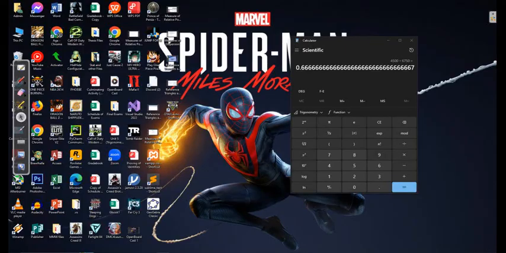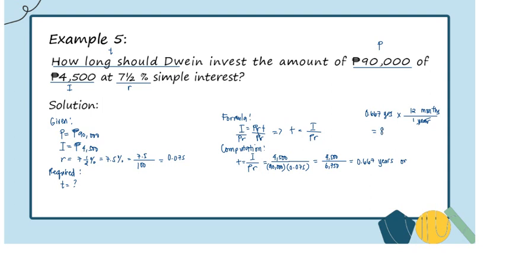0.667 times 12 is 8.004 months. So this is telling us that it was roughly 8 months. Let's say 8 months.